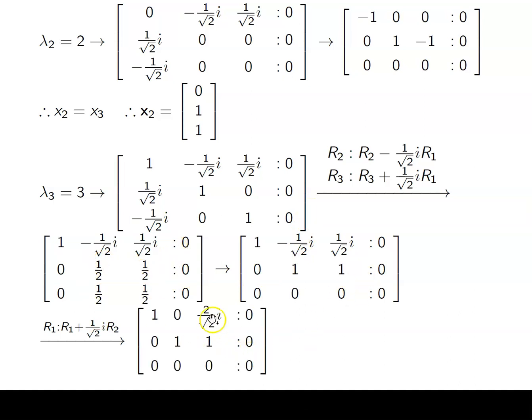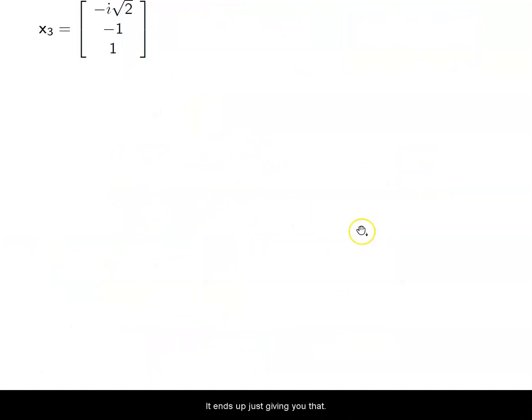Positive 2 root 2. It's all the same because they end up giving you complex conjugates, because the diagonals are different. On lambda 1, all of these were negative, but everything else was the same. Here, everything is positive and everything else is the same. It ends up just giving you that complex conjugate vector, which should make sense because that's how complex numbers work.